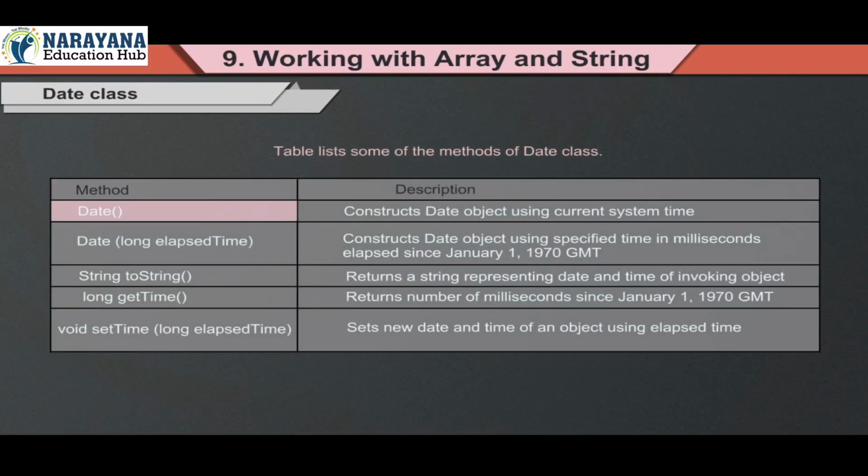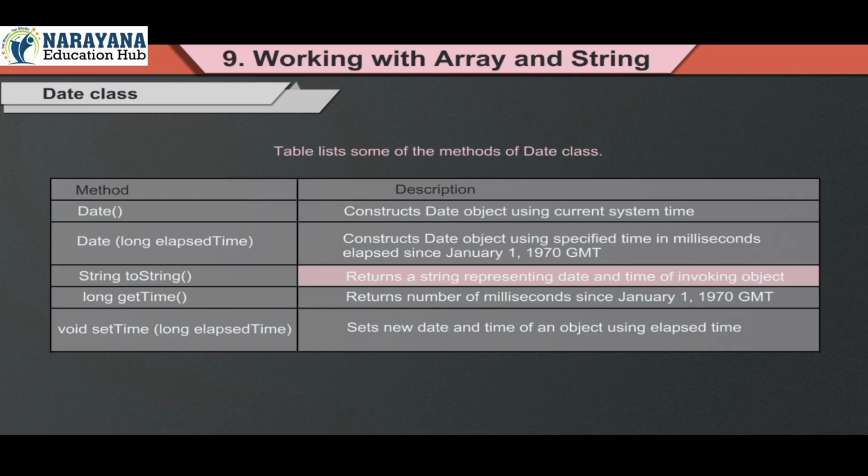Method: Date(). Description: constructs a Date object using the current system time. Method: Date(long elapsedTime). Description: constructs a Date object using the specified time in milliseconds elapsed since January 1, 1970 GMT. Method: String toString().